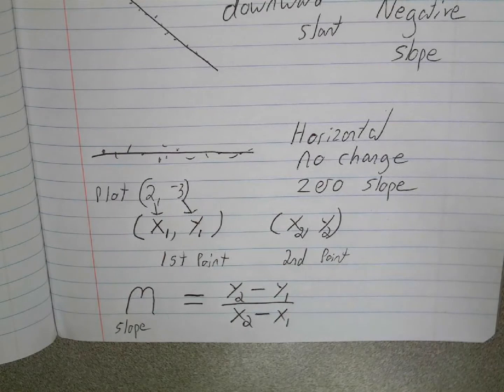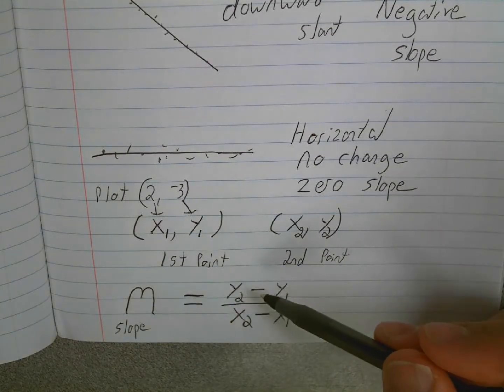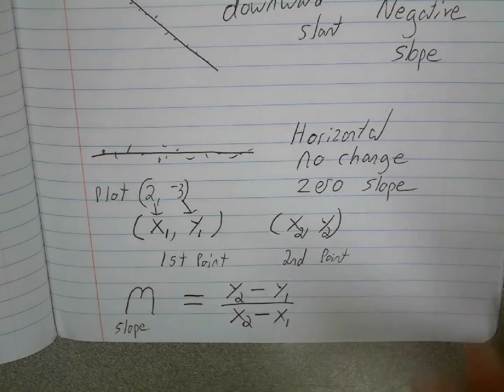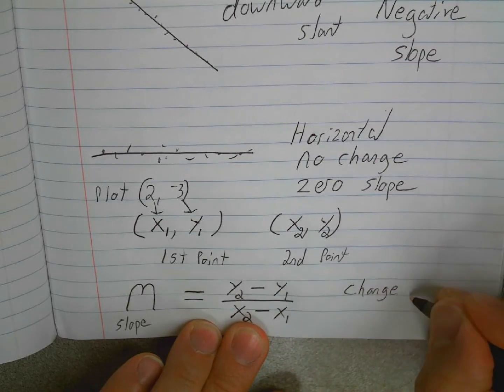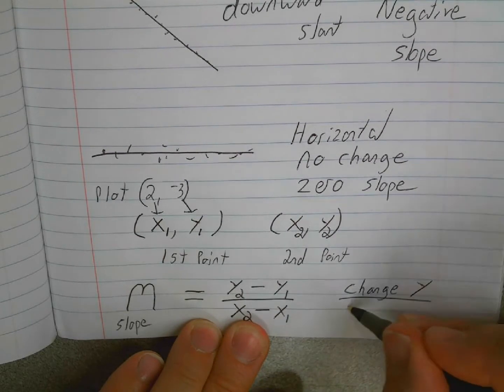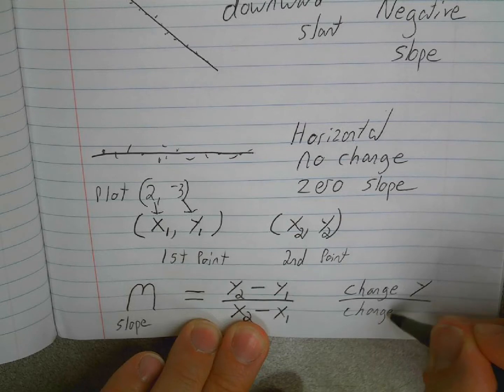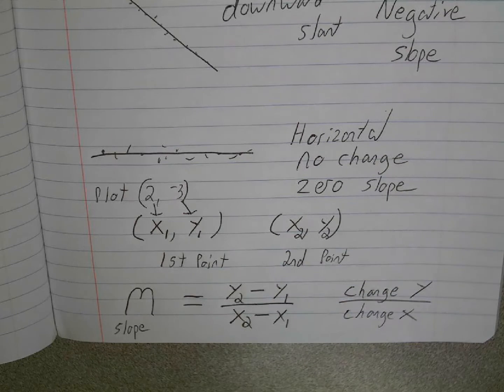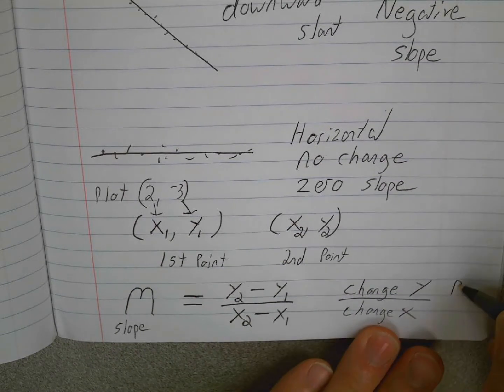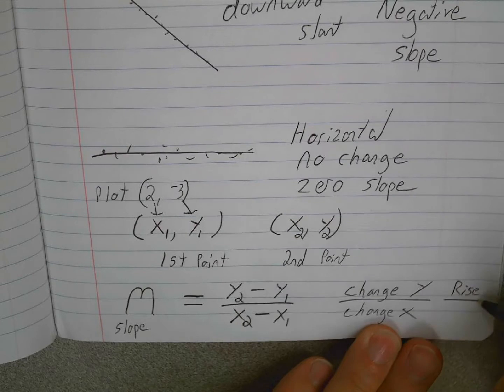So different means subtract. We're looking at how the difference is, right? So we're looking at how the y changes, the change in y, over our change in x. All right, so there's our formula. And that change in y over a change in x is also known as our rise over run.